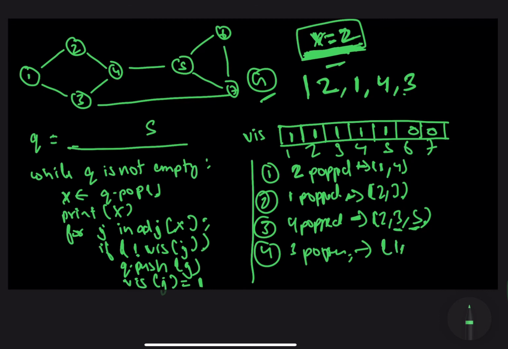If you notice, vis of 1 is equal to 1, so we will skip it. Vis of 4 is equal to 1, so we skip it again. Vis of 7 is equal to 0, so we will push 7 into the queue, and then we will mark vis of 7 equal to 1.